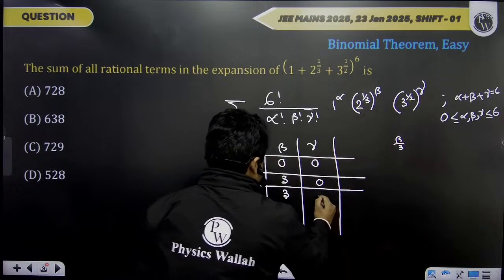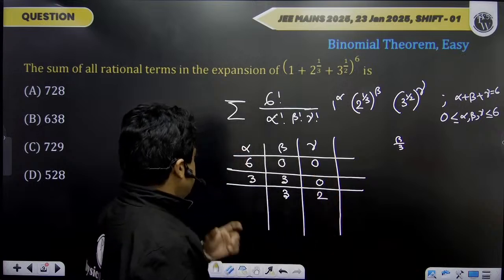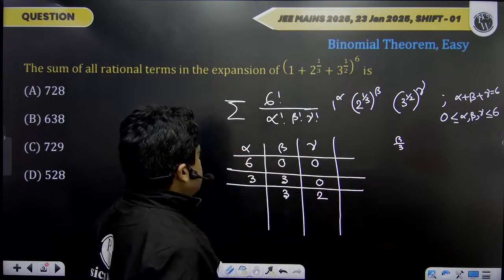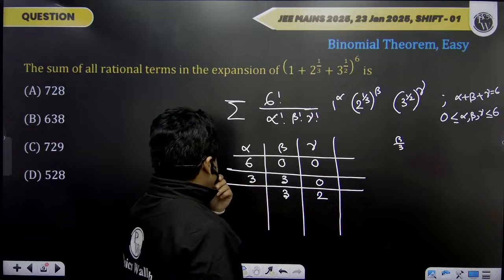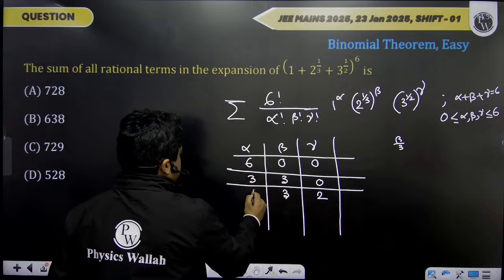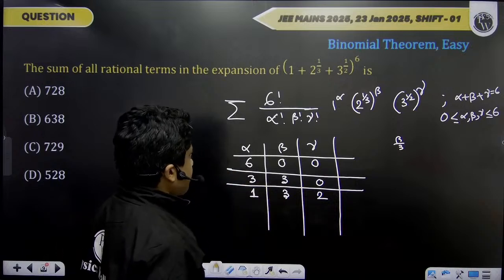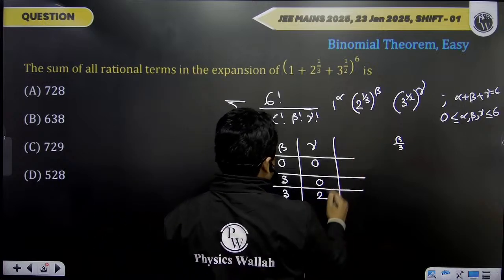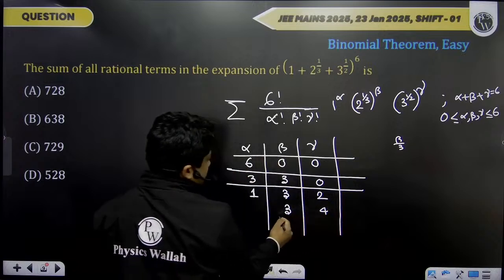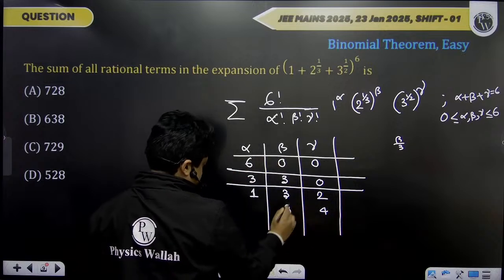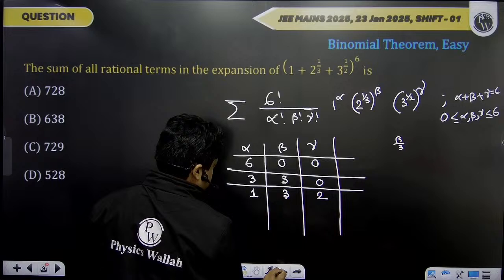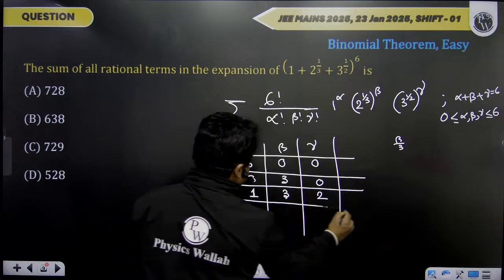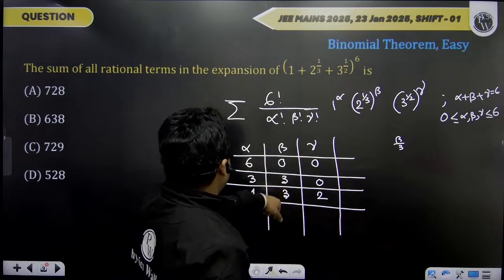So let's take gamma as 2. So if I take gamma 2, then 3 plus 2, and alpha should be 1, right? If I take beta equal to 3, gamma can be taken as 4, but 3 plus 4 will be 7, so I cannot take this case, right? So for beta 3, only 2 cases are coming.